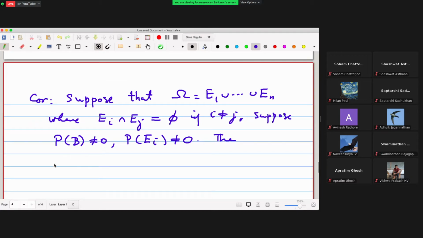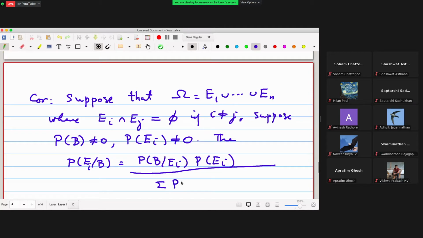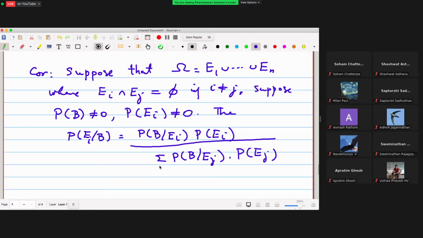the probability of Ei given B is equal to the probability of B given Ei times the probability of Ei, divided by the summation of the probability of B given Ej times the probability of Ej, where j goes from 1 to n.